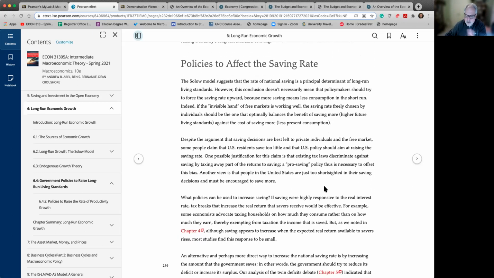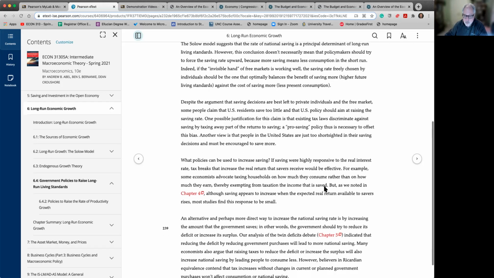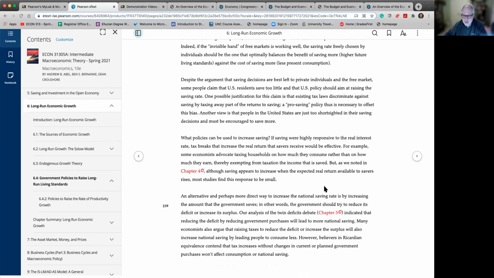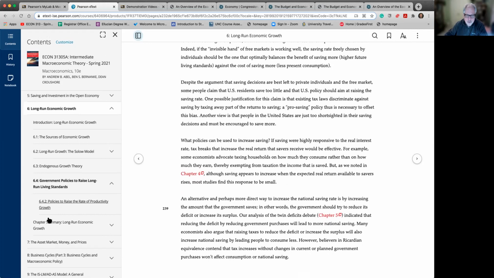But we know that already from chapter 3. More capital means a shift up in the aggregate production function, increases the marginal productivity of capital, and increases the marginal product of labor, which is what we mean by the productivity of labor. So nothing new, no big surprise here.